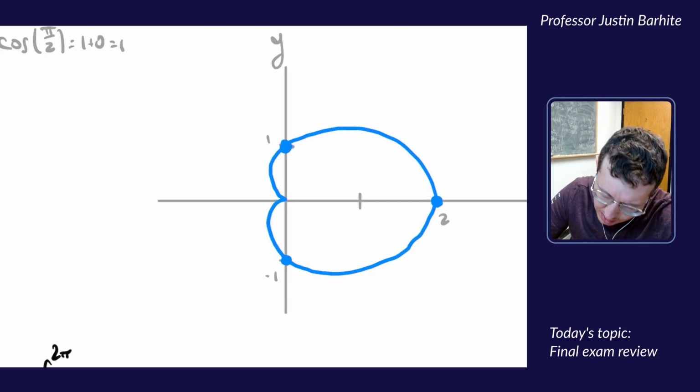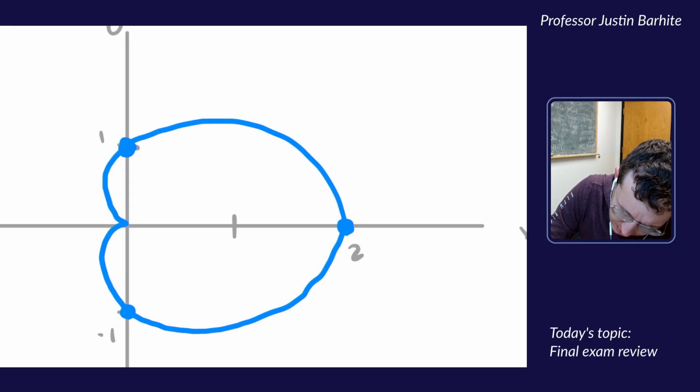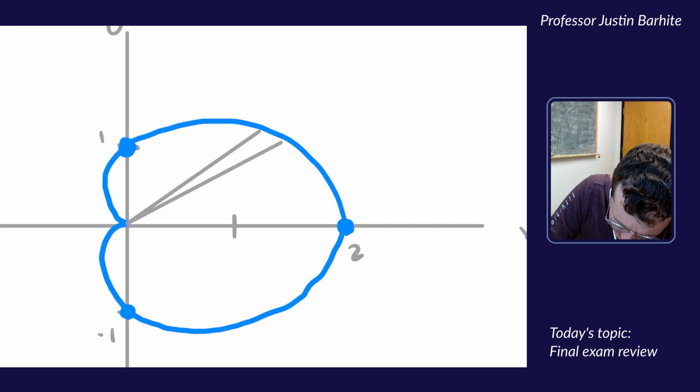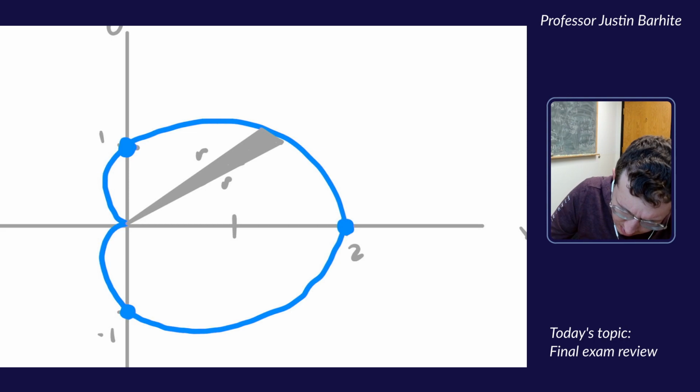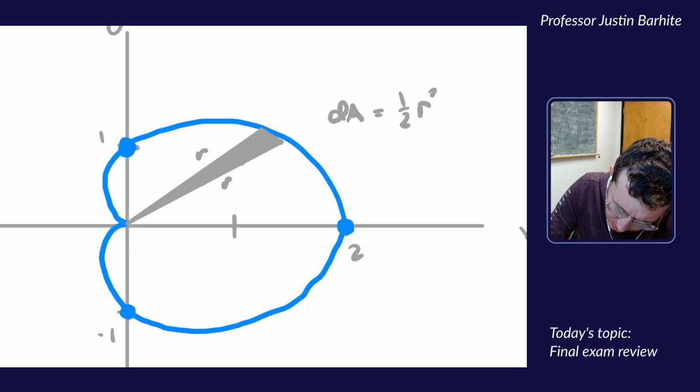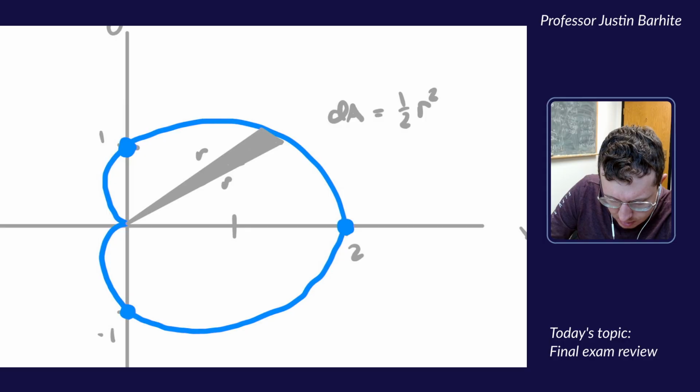And the area of a little slice of this shape is going to be 1/2 r squared d theta.